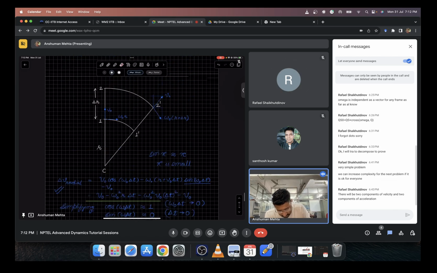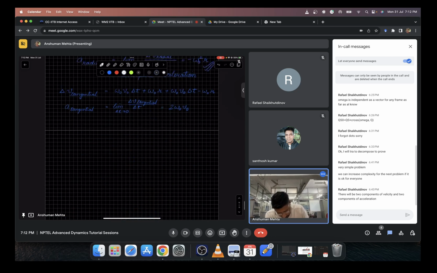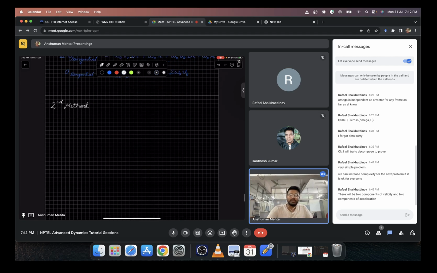Okay, so moving on to the second. This is the first method by which we can find this. The second method is more formula based. First we have to fix the reference frames, which we have already fixed.